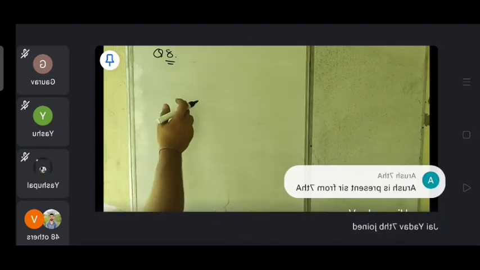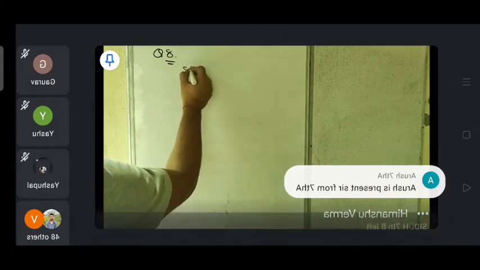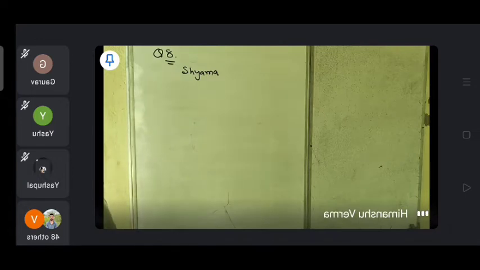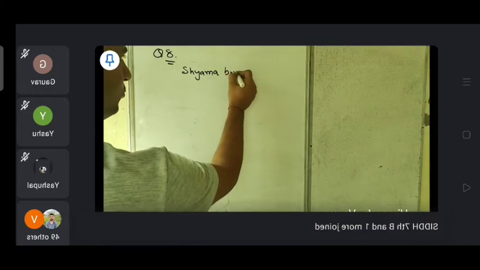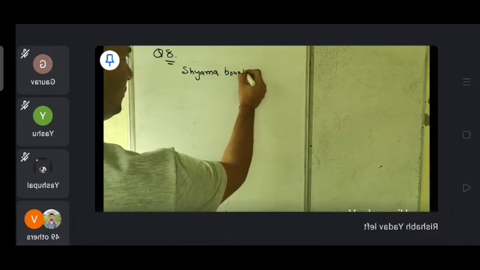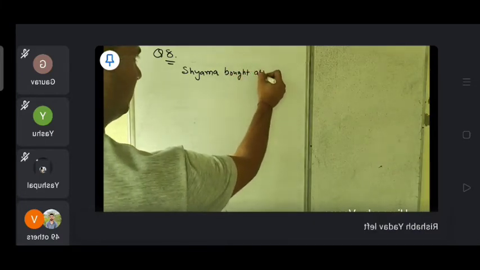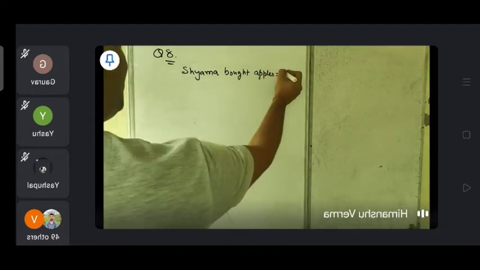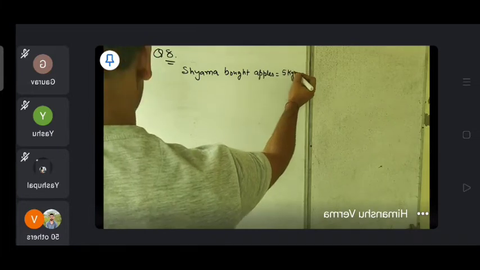Now, in the question number 8, Shama bought 5 kg 300 grams apples and 3 kg 250 grams mangoes. Shama bought apples. कितने हैं बेटा उसके पास? 5 kg 300 grams.